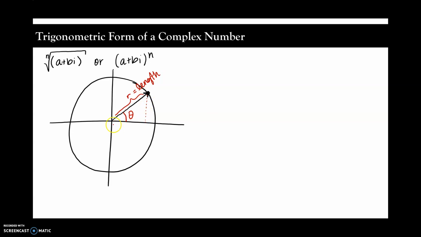This is going to form a triangle. This is going to be your A, your real part. This is going to be your B, your imaginary part, I, and R. So you'll notice that we can write A equals R cosine theta, and then since the circle is bigger than the unit circle, it's going to be multiplied by this length to scale it.